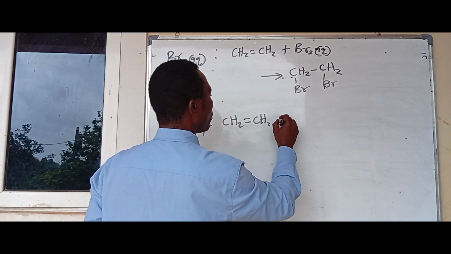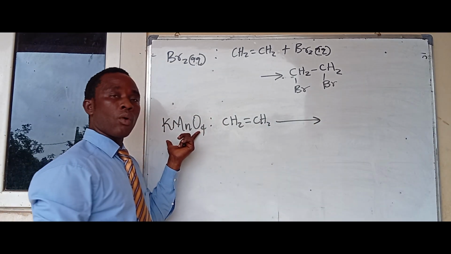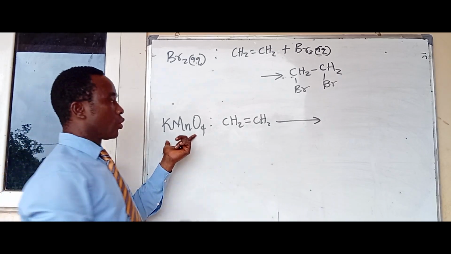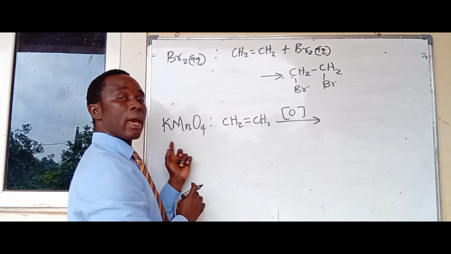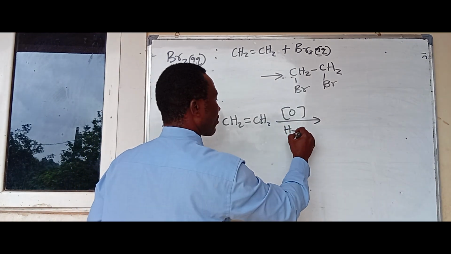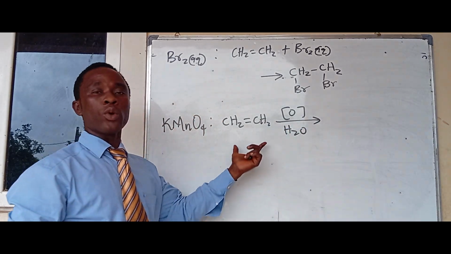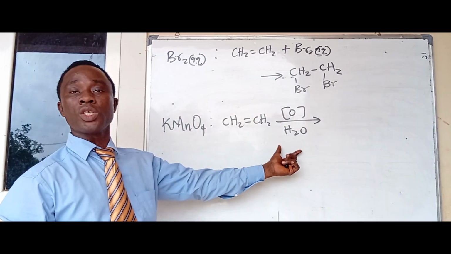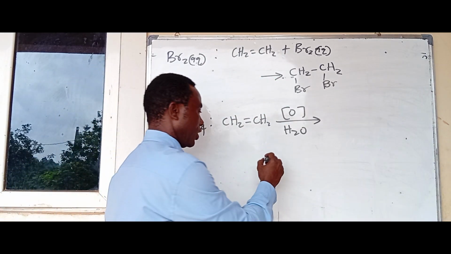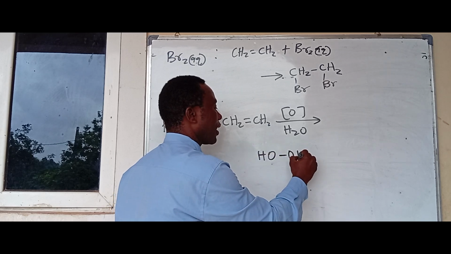KMnO4 is an oxidizing agent that donates oxygen, and it is a solution, so there is water. So what compound do we form from here? How many oxygens are here? Two. And how many hydrogens? Two. It's just as if you are writing OH and OH.